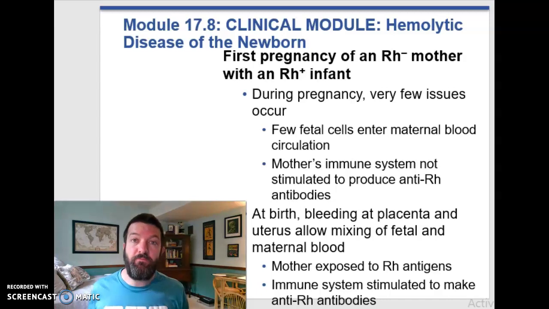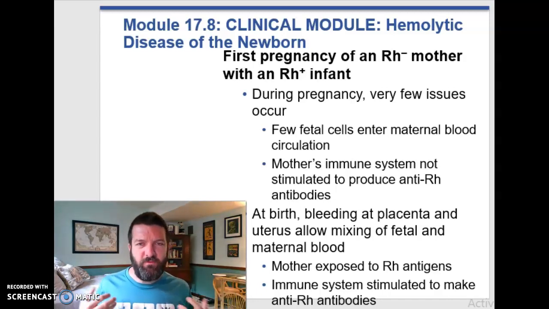She could be, right? There may be some fetal blood cells that end up entering the bloodstream somehow, but generally the mixing doesn't happen until birth. But at birth, there's a lot of blood, and the placenta is being pulled away from the uterus after the baby is born, and it's a scene, and there is blood mixing.